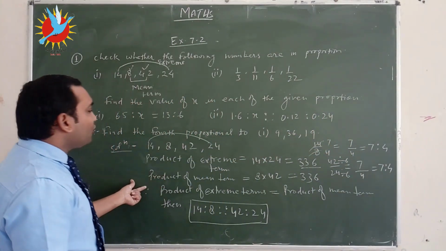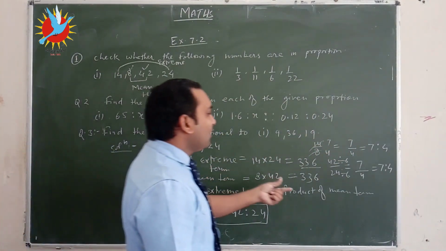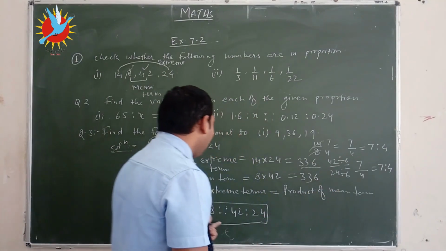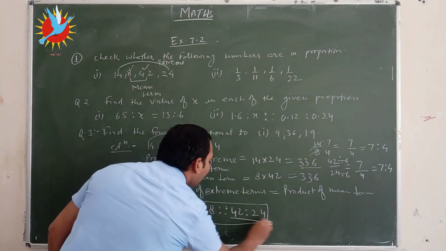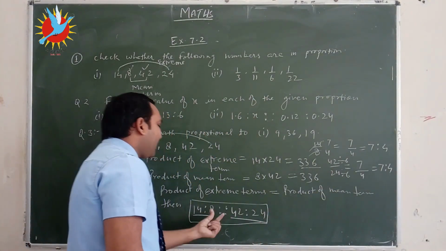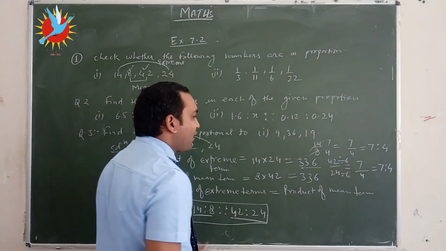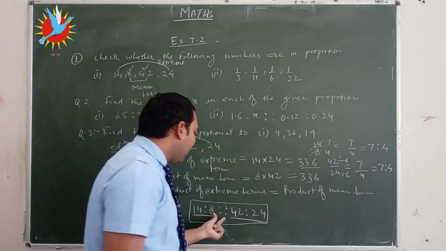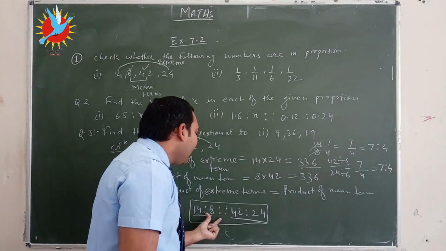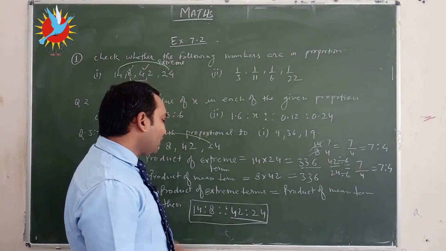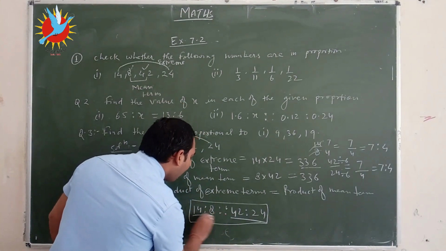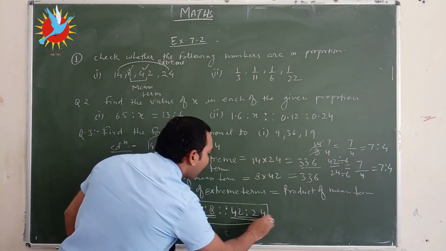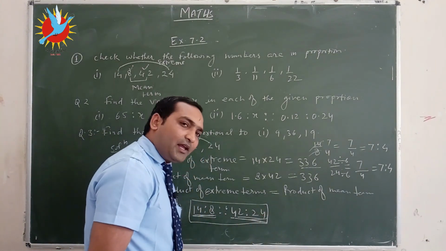So when the two ratios are equal, we can say they are in proportion. When we simplify the two ratios, they form a proportion when the simplest forms of the ratios are equal.